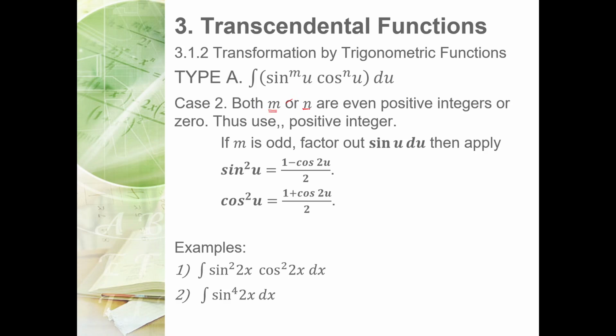It could also be n, depending on the equation. For example, in example number 2, it's only the sine function. So just ignore this one because it is not included in the slide. I forgot to edit this one.